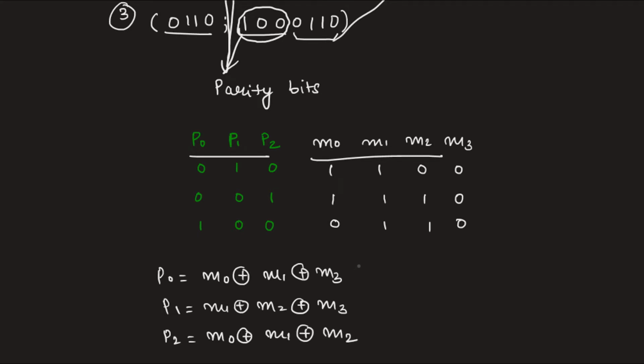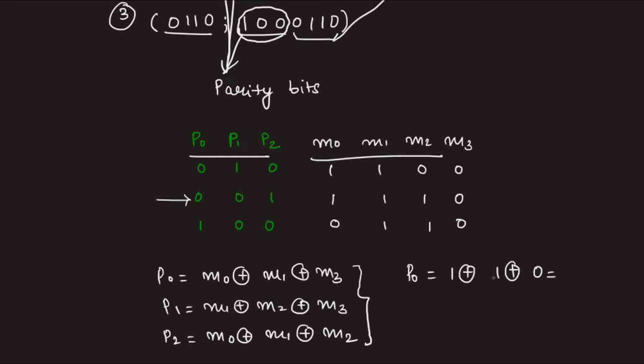How we got these three equations can be proved by applying this relation on the given code words. So let's take the second code word to prove this result. P0 should be 1 XOR 1 XOR 0.